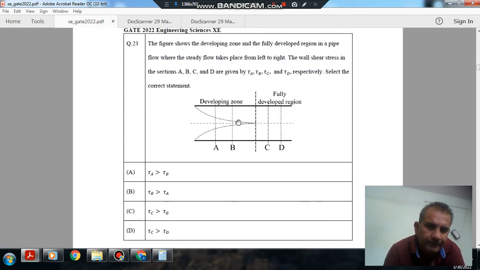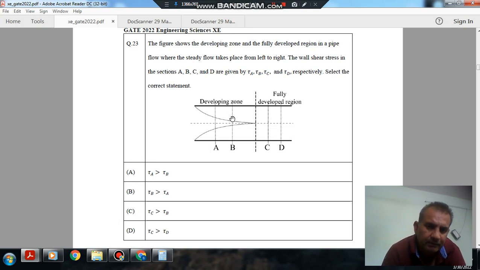Next, the figure shows the developing zone and the fully developed region in the pipe flow, where the steady flow takes place from left to right. The wall shear stress in the sections A, B, C and D are given as tau A, tau B, tau C and tau D respectively.